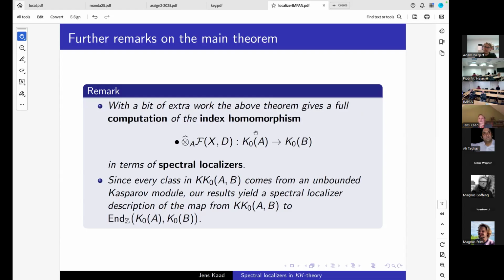I think currently there's nothing except when the coefficient C-star algebra is abelian. In that case, there's some theory available. But in general, it's a very difficult problem to construct a nice version of Schatten ideals for Hilbert C-star modules. Okay, thank you.